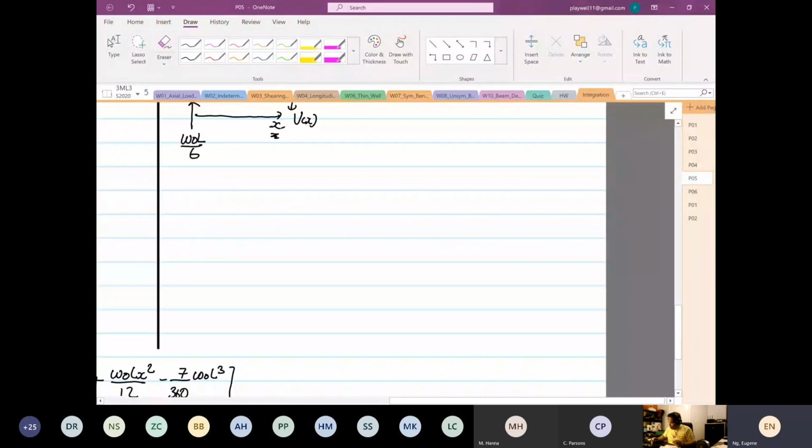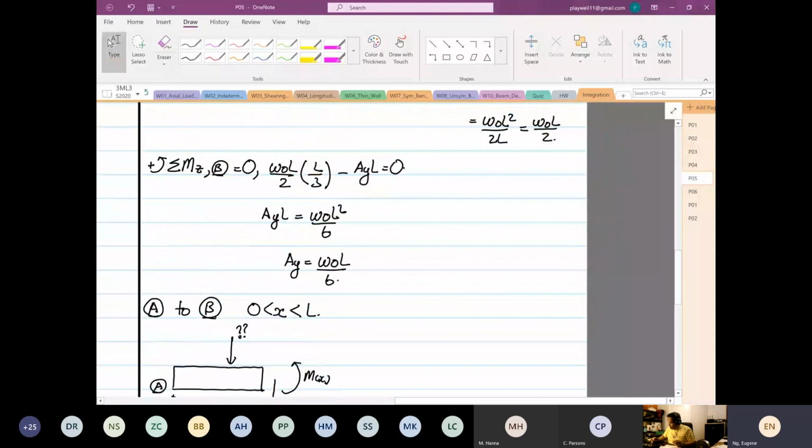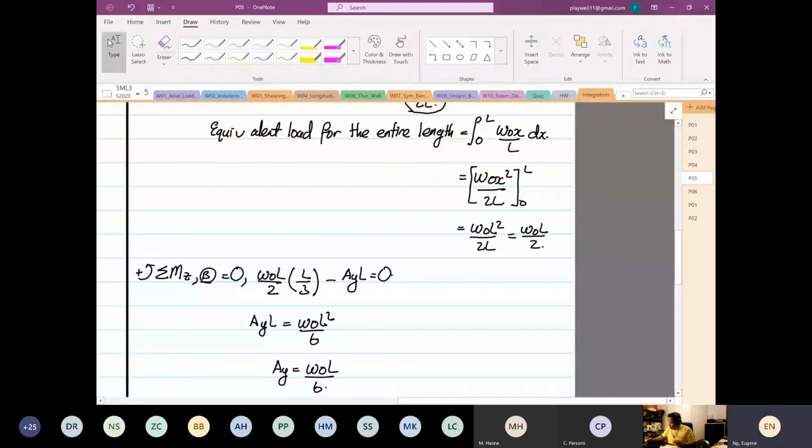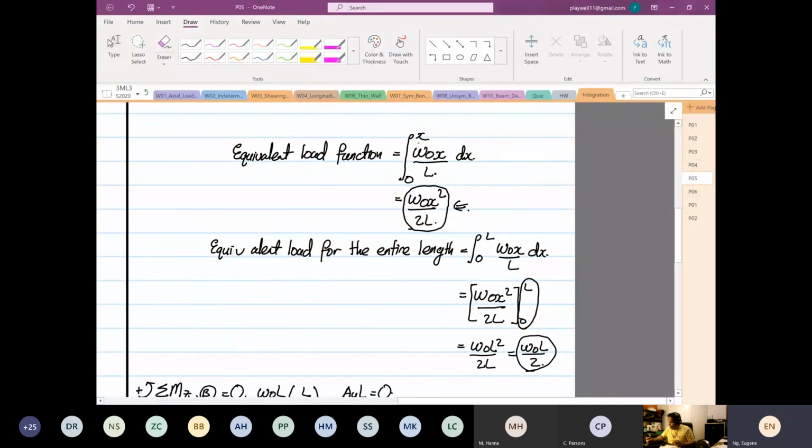We substitute for the entire length from 0 to L, that's why you have omega naught L over 2. But if you substitute as a function of x, your equivalent load is omega naught x squared over 2L. So that's something to be mindful of, because I made that mistake before.